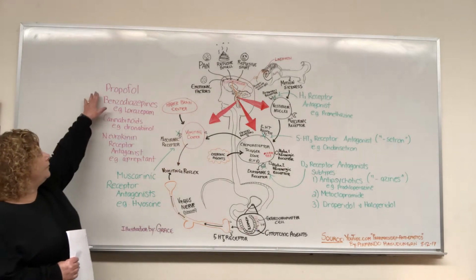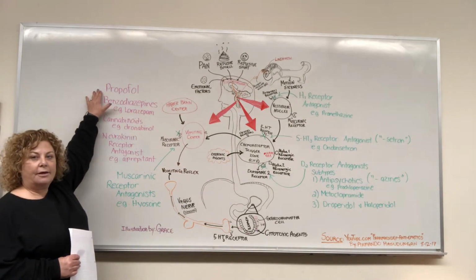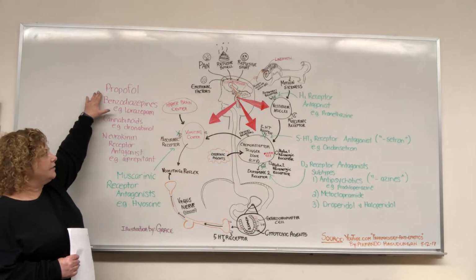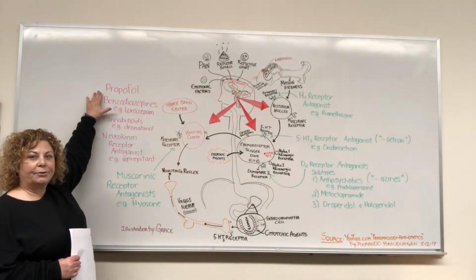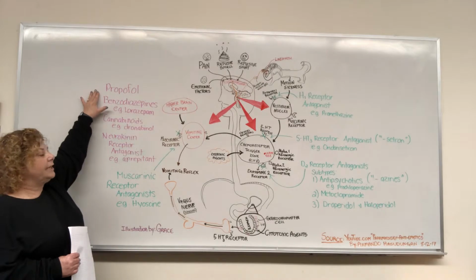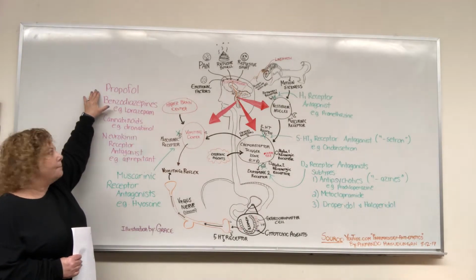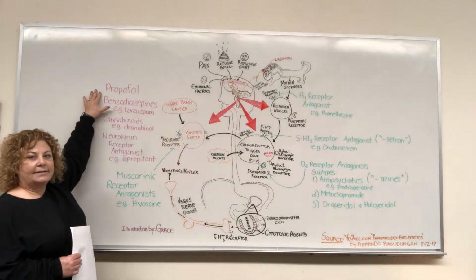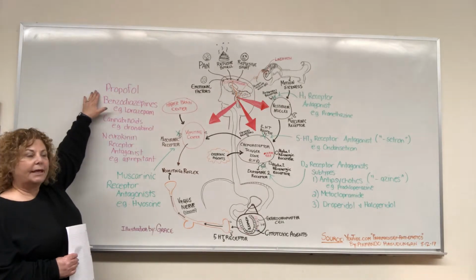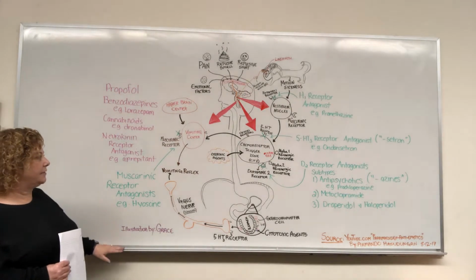Interestingly enough, propofol, which is an anesthesia medication, actually is a 5-HT3 receptor blocker, and in addition to its anesthetic effects, it decreases nausea and vomiting because it blocks 5-HT3 receptors.